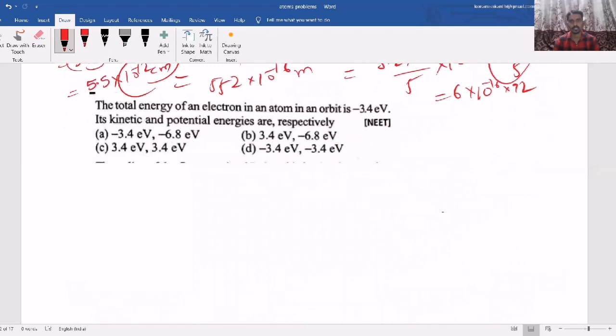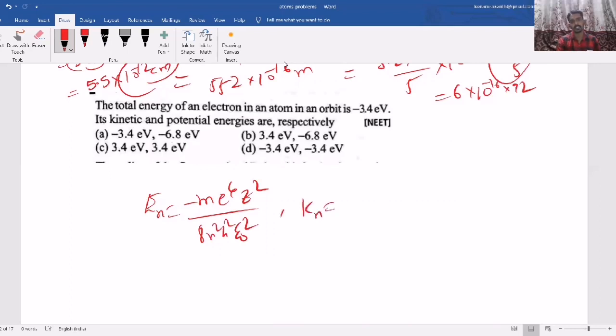Now, next question. The total energy of an electron in an atom. So total energy they have given. Total energy means, what was the equation we have seen? M e power 4 z square by minus 8 n square h square epsilon naught square. This is the total energy. And kinetic energy is plus m e power 4 z square by 8 n square h square epsilon naught square.